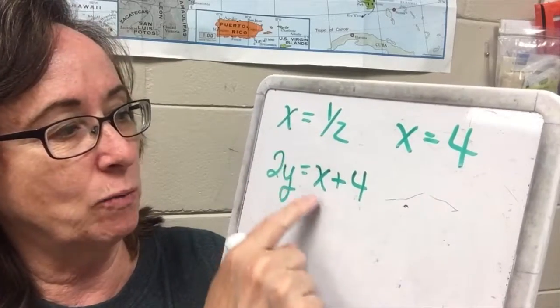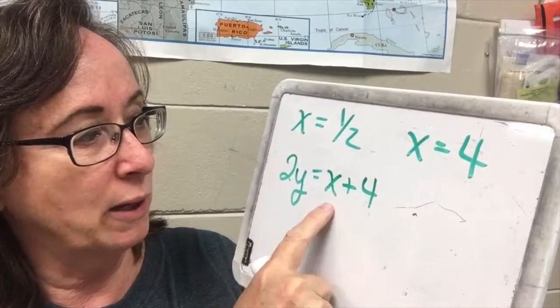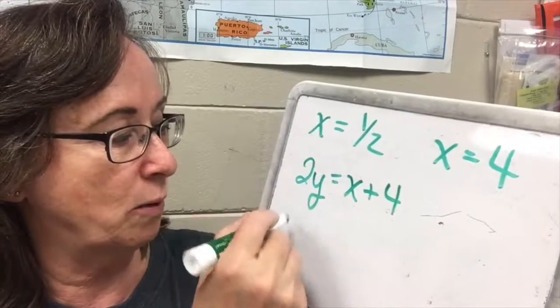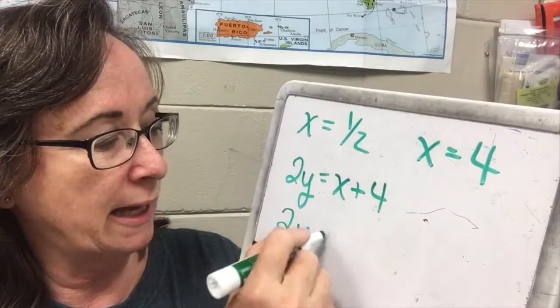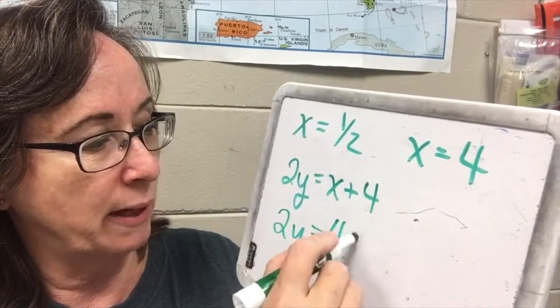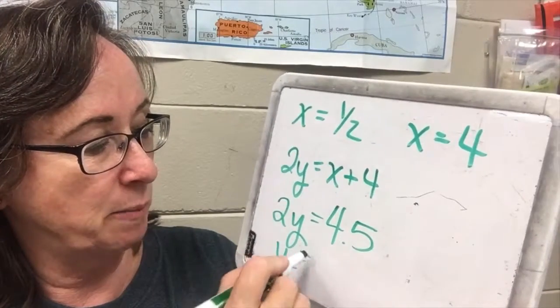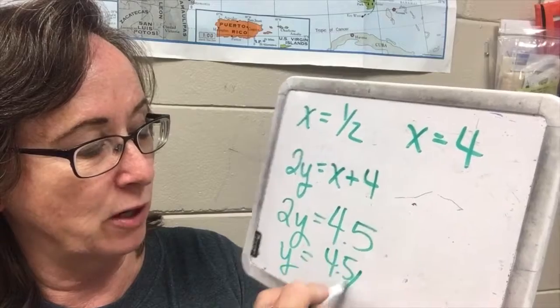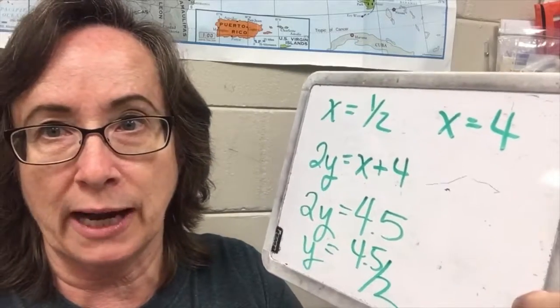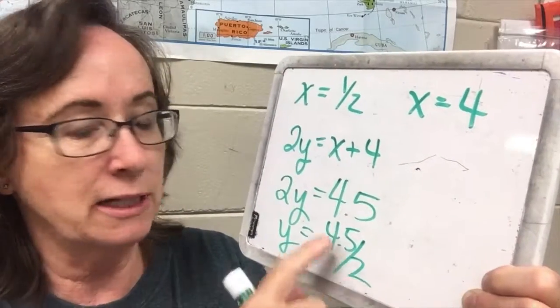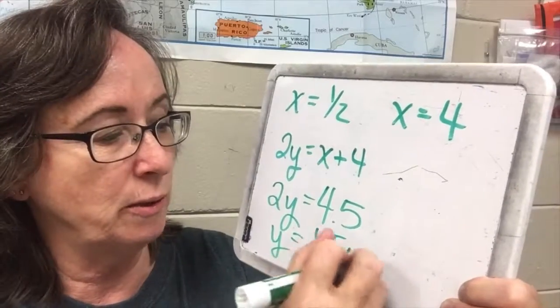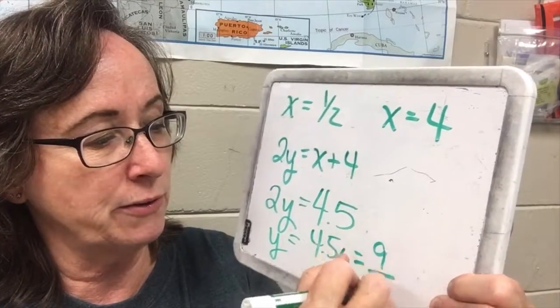When I plug in 1/2 here, I get 1/2 plus 4 is 2y, so 2y is 4.5. So y is going to be 4.5 over 2, but we usually don't write fractions with decimals in them. So let's multiply both by 2, and we're going to get 9/4.